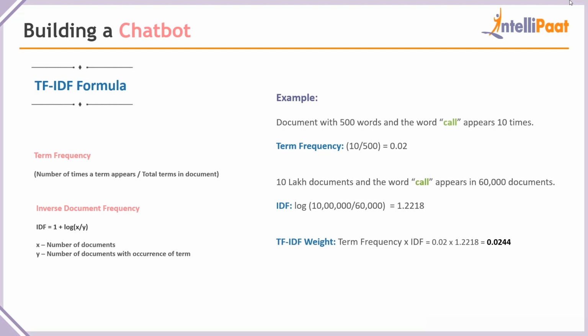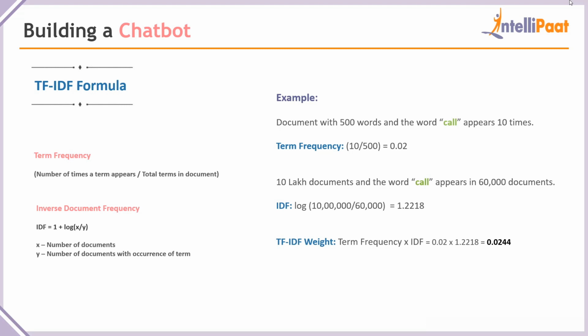So what does the term frequency of this mean? Term frequency again is the number of times a term appears, which is 10, divided by the total words, which is 500. So 10 by 500 gives a term frequency of 0.02. So for every word that you have written in this document, there is a 0.02 chance that you've used the word call. This is term frequency visualized.